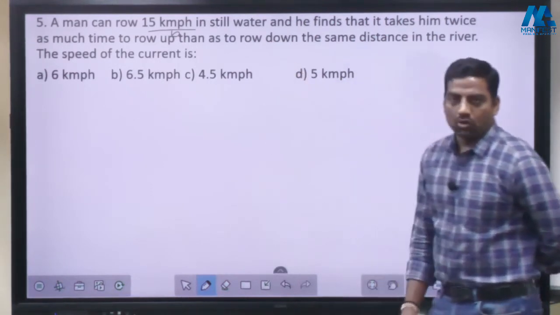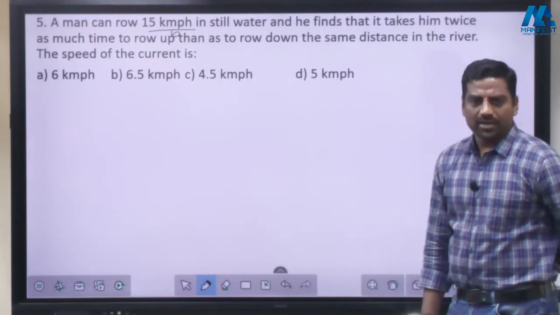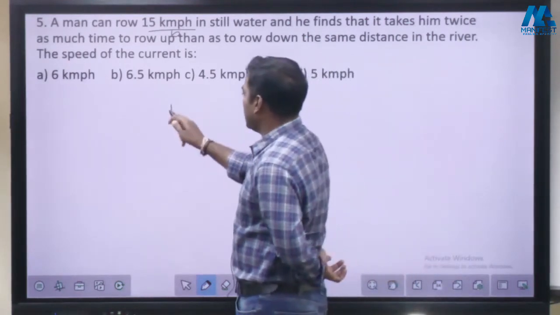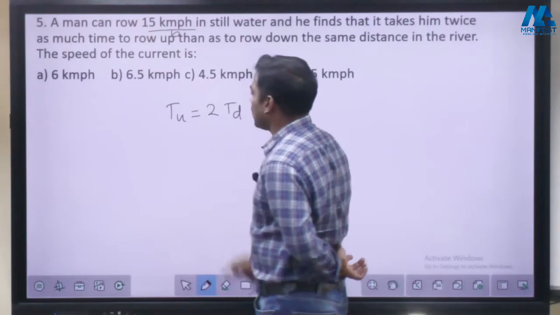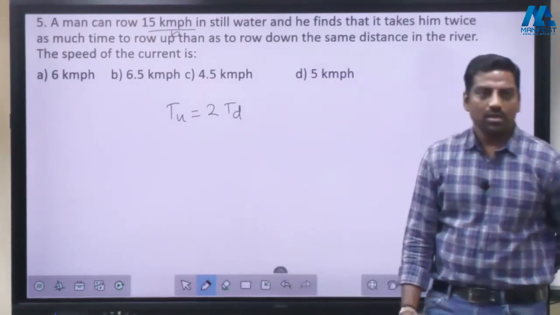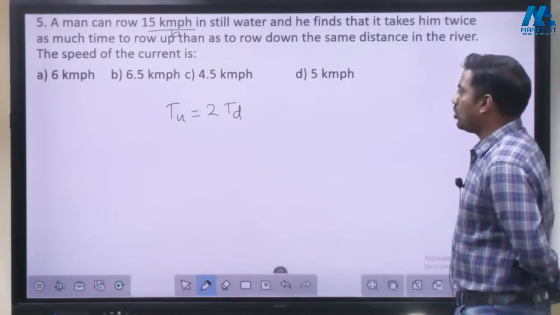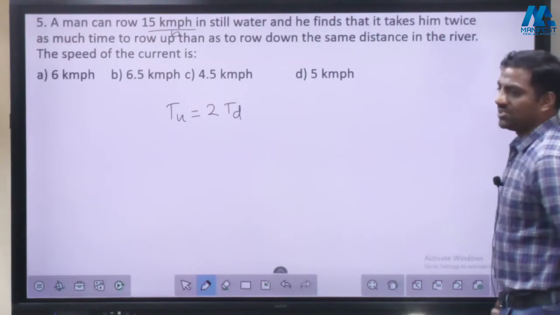So compared to rowing down, rowing up will take more time. Logical, right? So time taken in upstream is equal to 2 times the time taken in downstream. This is what they are trying to tell. For the same distance.